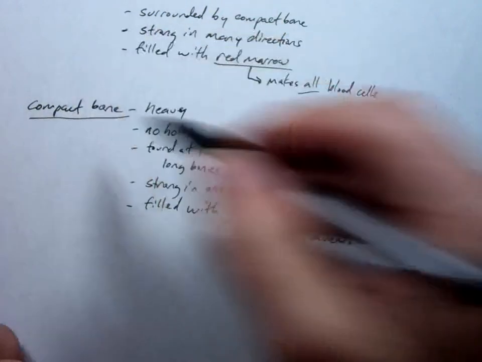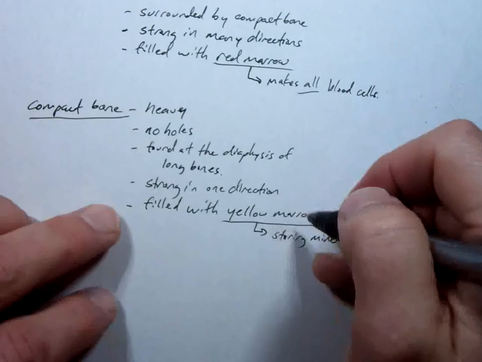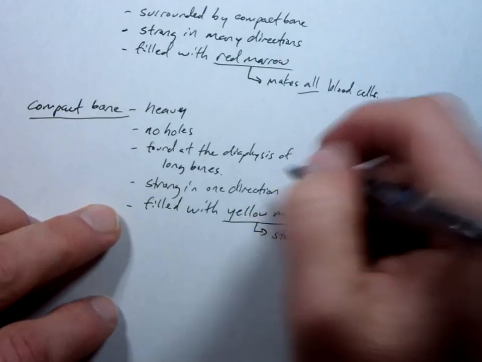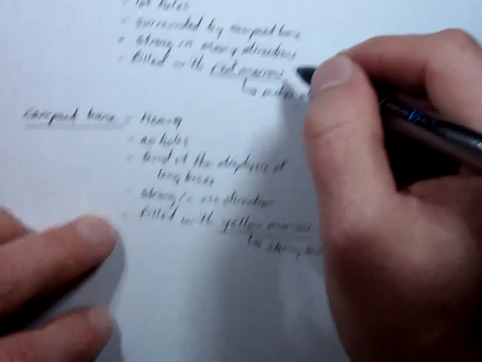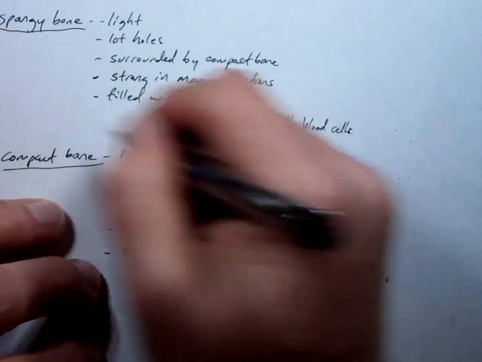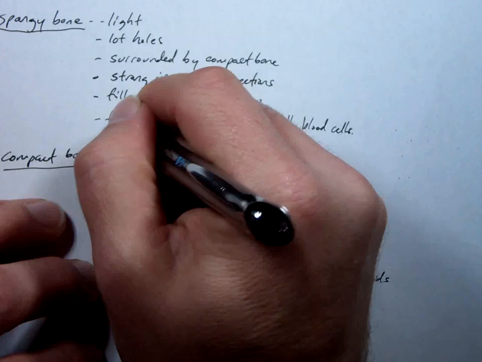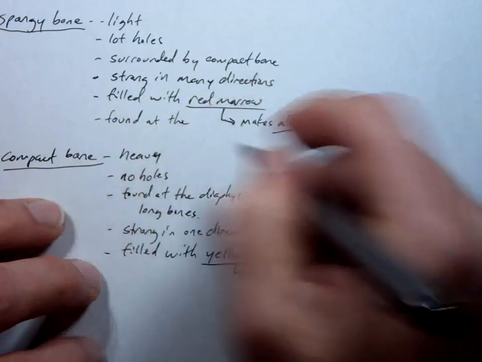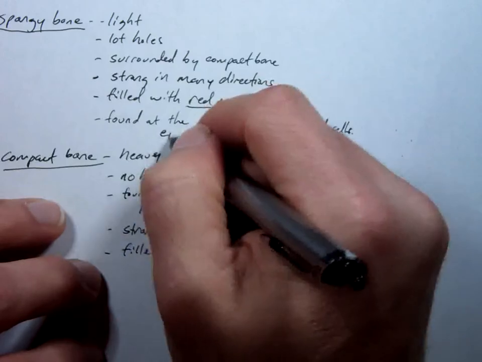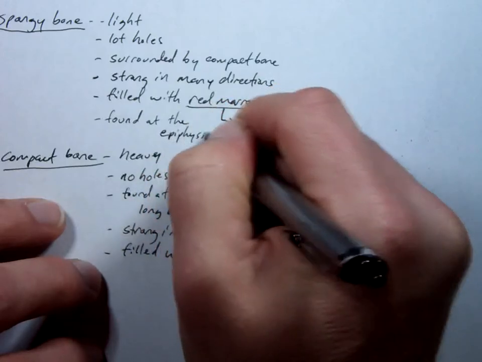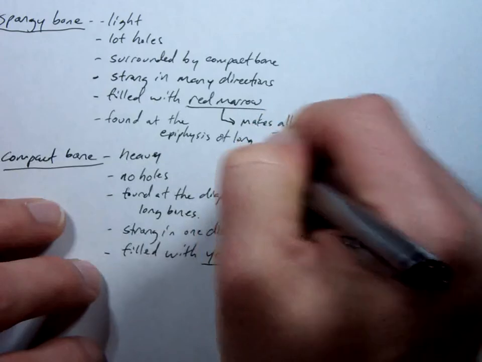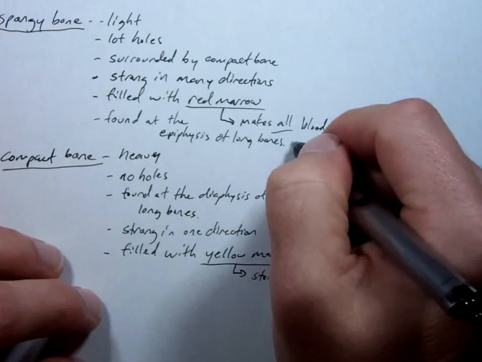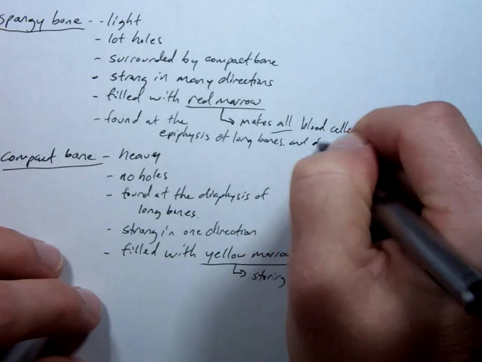Where you'll find, I said this is found at the diaphysis of long bones. Where is this found? The inside. What are the ends of bones called? Not the diaphysis. Epiphysis, of long bones and all other types. In all others.